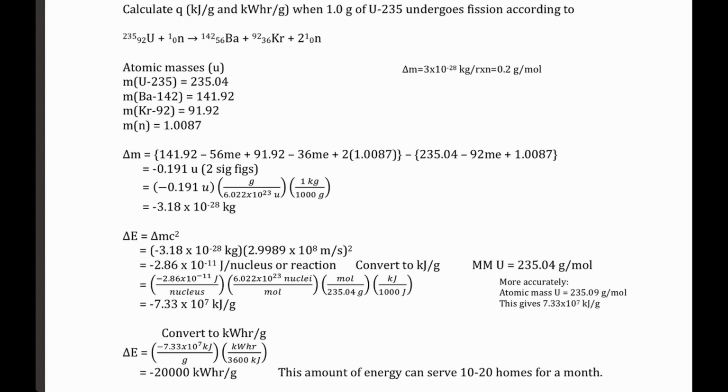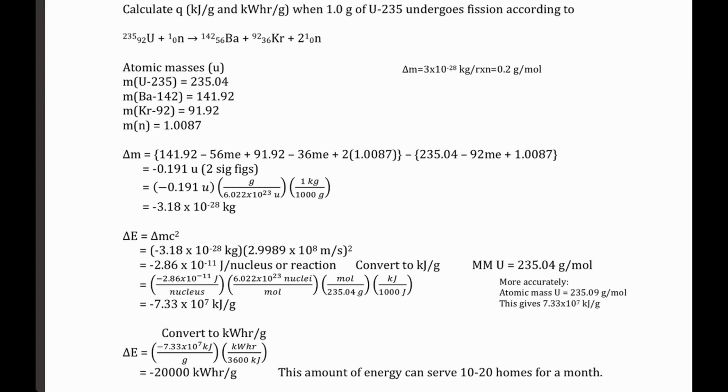In this problem, we're given atomic masses, again in that energy unit, the atomic mass unit, U. So we're given the atomic mass of U-235 to be 235.04 U's, of barium-142 to be 141.92 U's, krypton-92 is 91.92 U's, and we're also given the mass of a neutron.